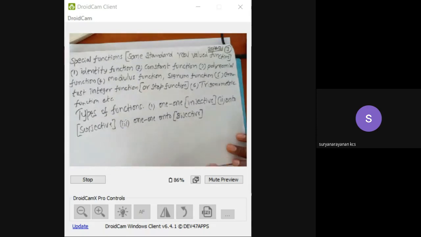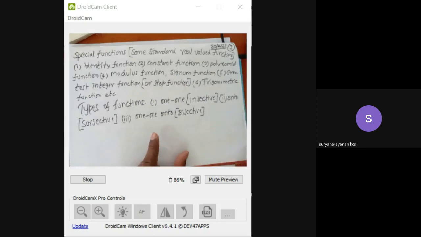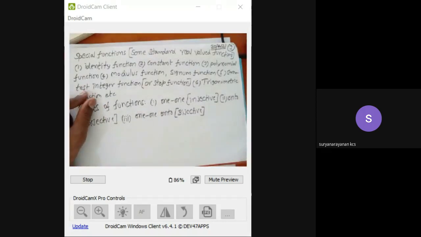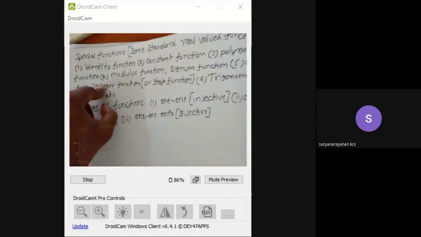Just by observing the notation of a function, you have to tell what is the name of the function, what is the domain, what is the codomain, and what is the range of a function. Okay, my children, these are all basic knowledge, basic points, fundamentals.